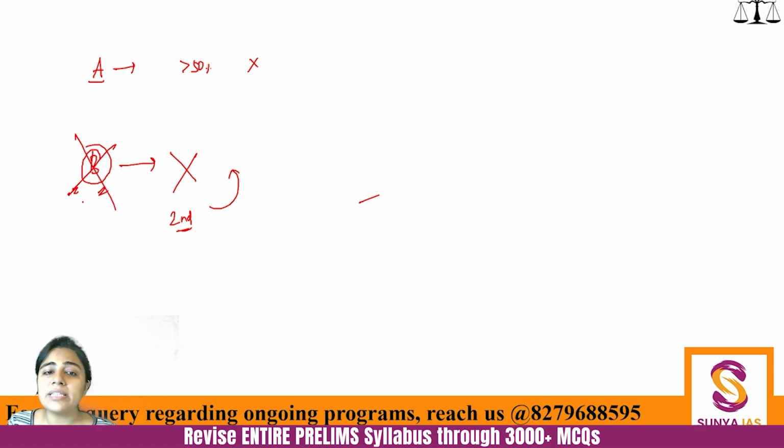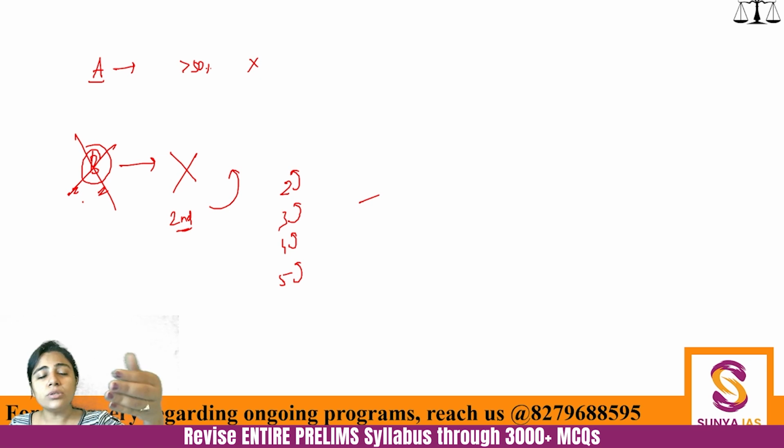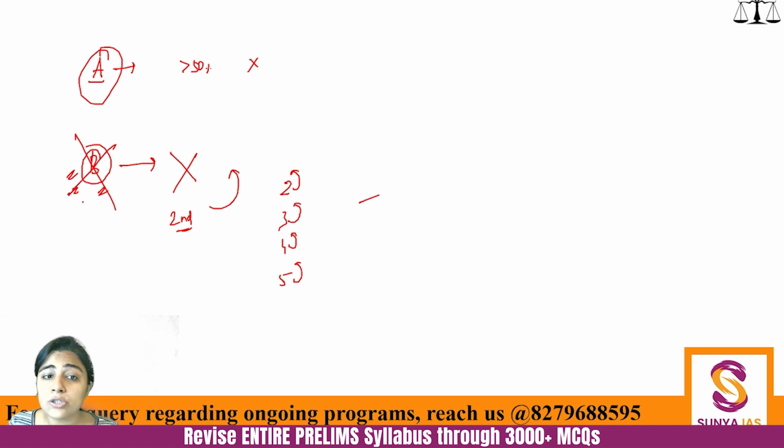Now what do we do with rank 2, rank 3, rank 4, rank 5 that the people have given? We shift rank 2 to rank 1, rank 3 to rank 2, rank 4 to rank 3, rank 5 to rank 4. We do this with every slip, so that maybe this particular person gave B as 1 and A as rank 2.